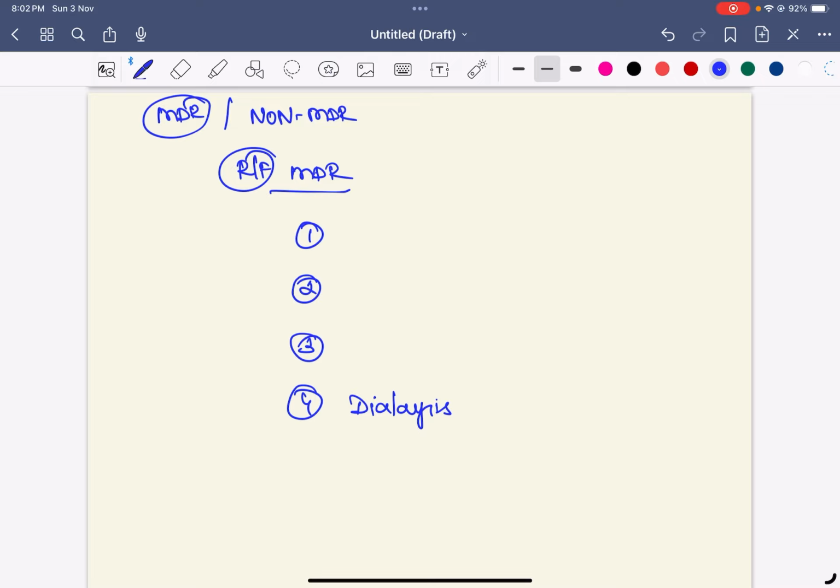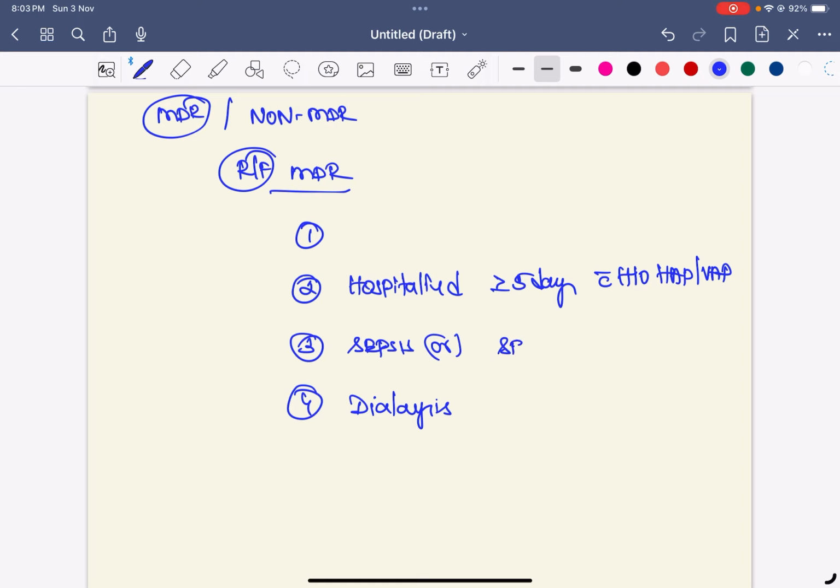And you are treating a patient who has been hospitalized for more than or equal to 5 days, with a history of HAP or VAP previously, or if the patient has sepsis or severe systemic illness.